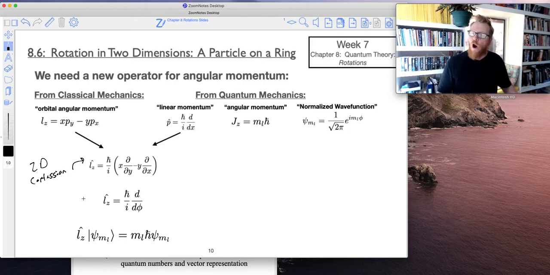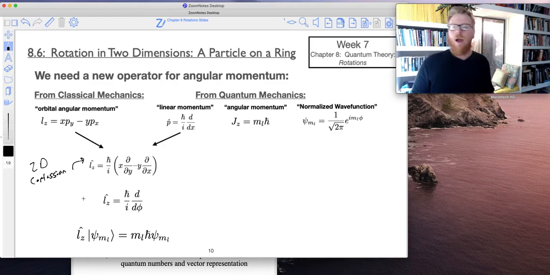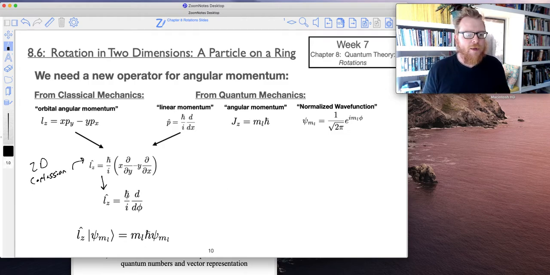However, if you recall, because in this case we only have constant radius and we're not dealing with the theta dimension, at least not yet, our orbital angular momentum operator just simplifies to h bar over i times d/d phi. Okay, it becomes very simple. Don't confuse that with the kinetic energy operator for rotations, right?